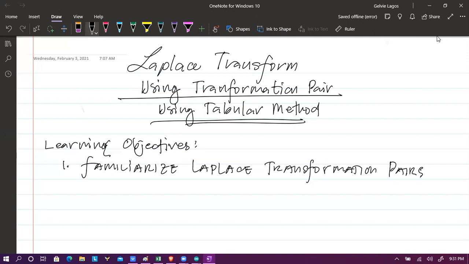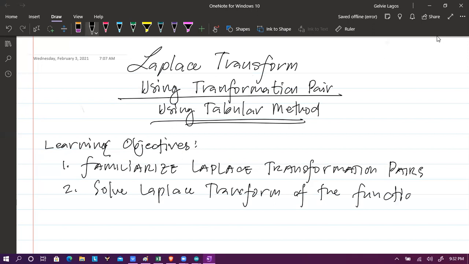And of course, solve the Laplace transform of a function using transformation pairs.